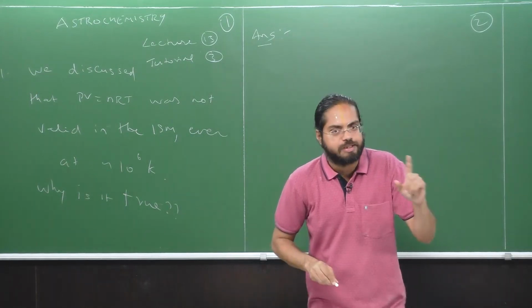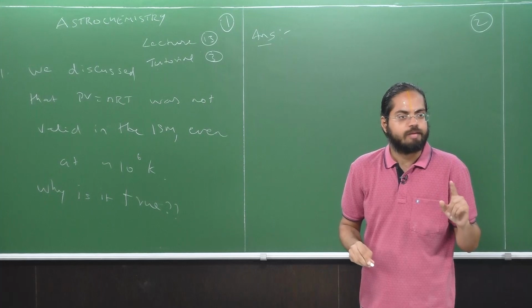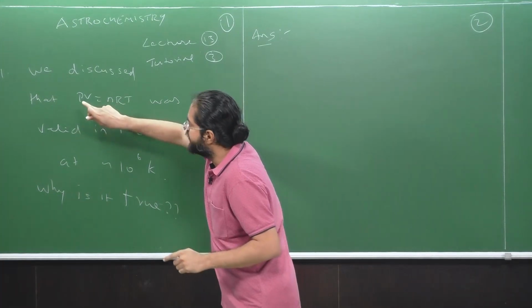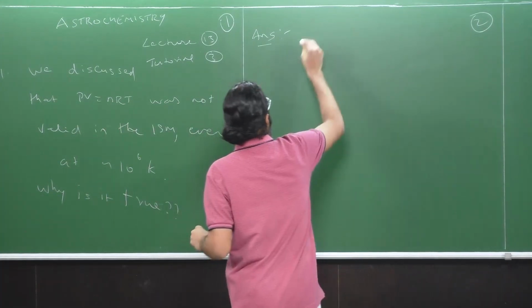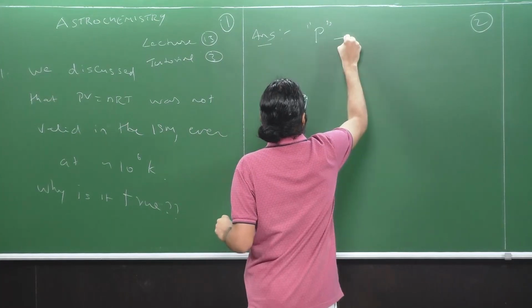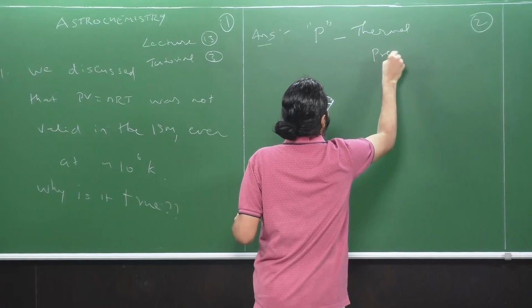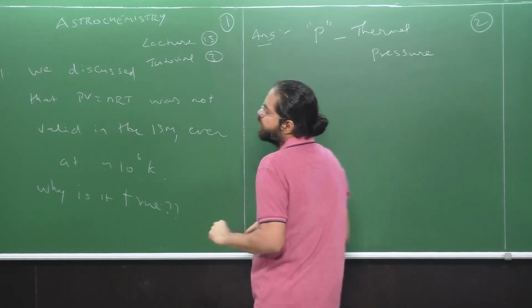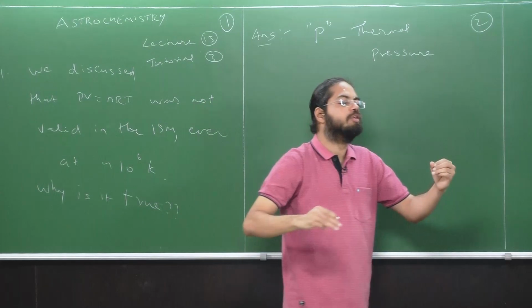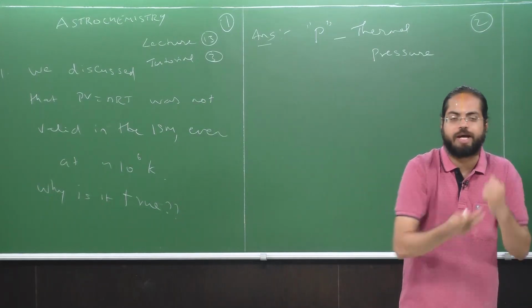The answer to this question is that in this equation, PV equals nRT, the P is the thermal pressure. And what is the thermal pressure due to? It is the pressure exerted by the molecules of a gas.